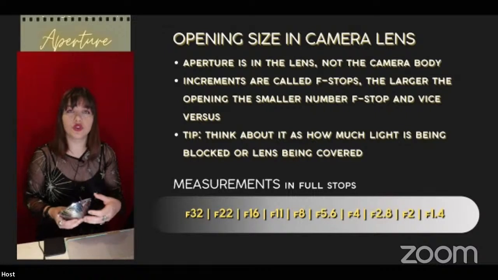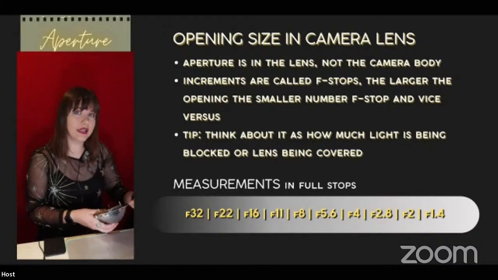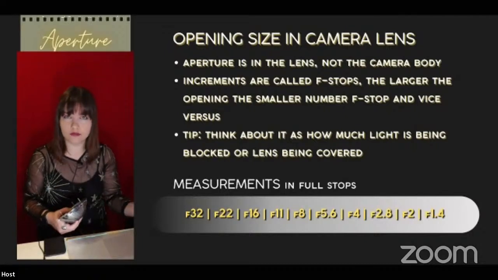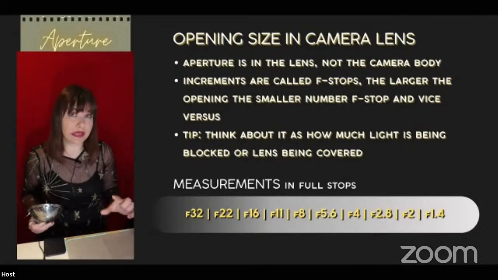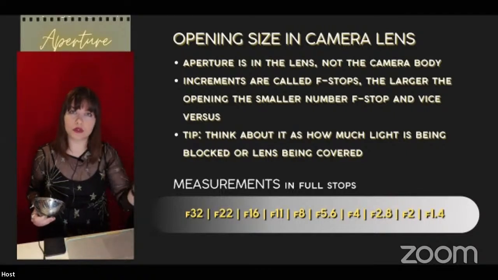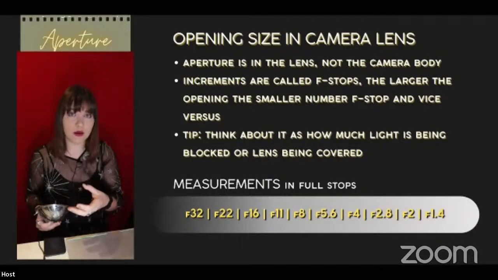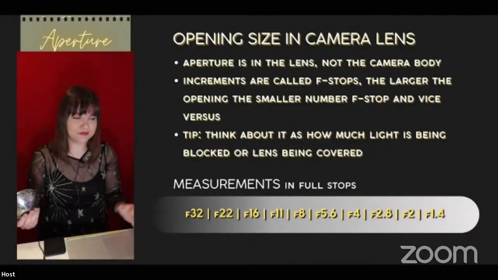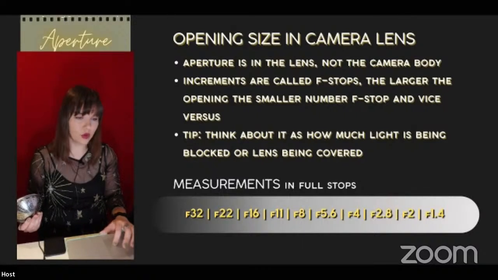If I want to block less light, I need f5.6, f4, f2.8. That helped me just remember the relationship between how much light I'm getting and what f-stop I'm on. So hopefully that helps too. Unless you already knew all that, more power to you.